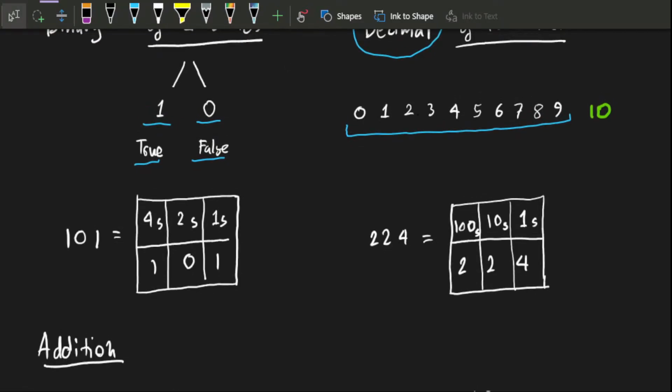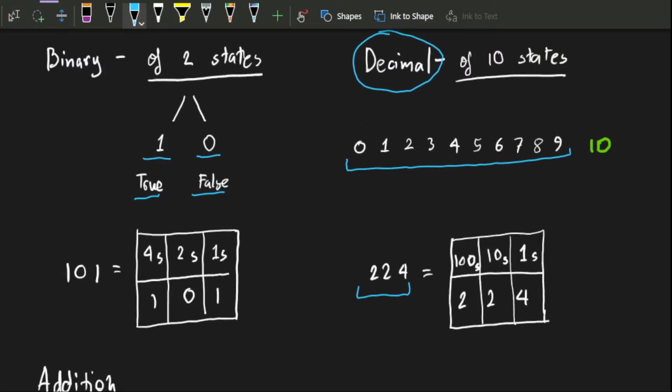With the example of our decimal number system, the number 224 can be represented as tens. We can see there are like 3 digits, one being the 2 hundreds, the 2 tens, and the 4 ones.